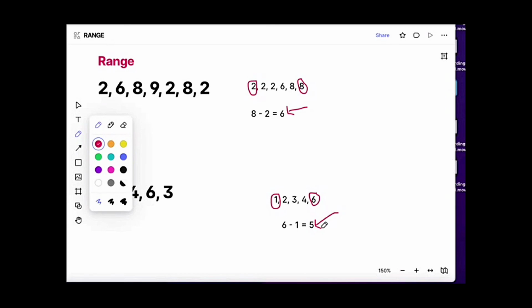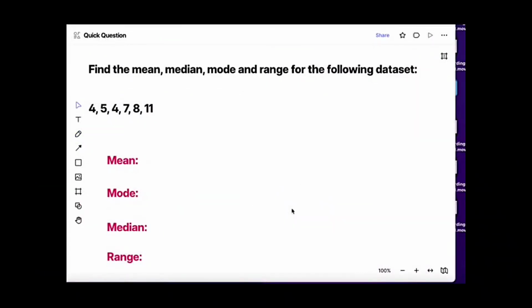Okay. So we cannot end this lesson without practicing what we learned. And so we've got a question here, which is very similar to any question that you would get in one of your textbooks. It says, find the mean, the median, the mode, and the range for the following data set. Okay. So we've got this data set, and we're starting with the mean.